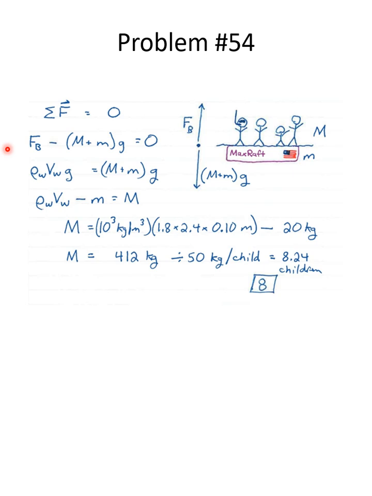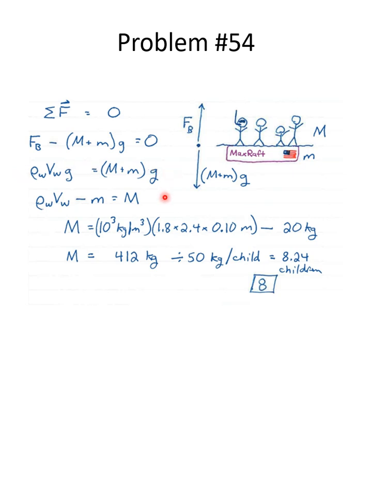And let's do some substitutions. Let's first get the big M plus little m times g over to the right-hand side by adding it. Buoyancy force, let's replace that with density of the water times volume of the water times g. And once we do that, g can divide out of both sides of the equation.